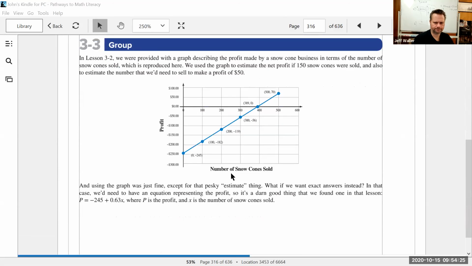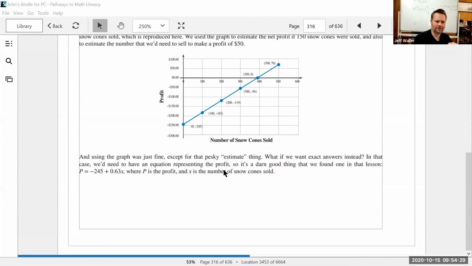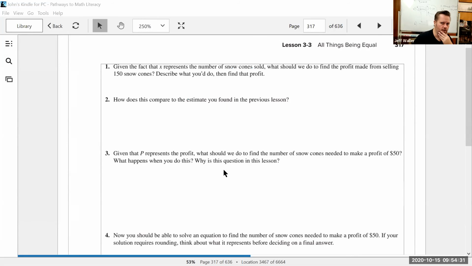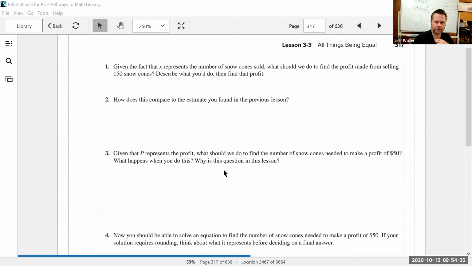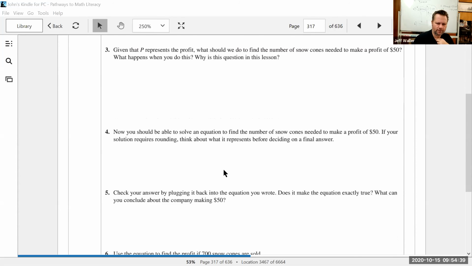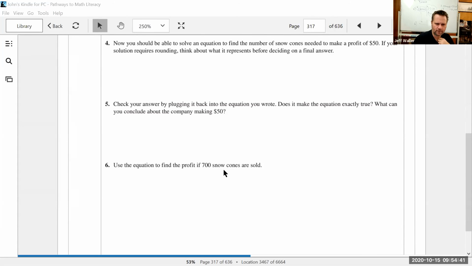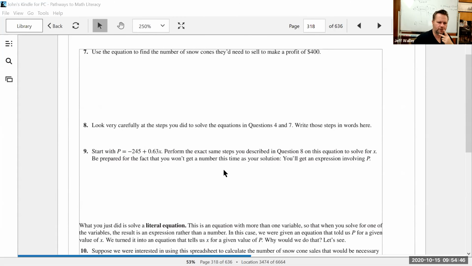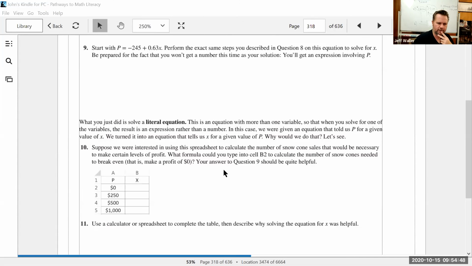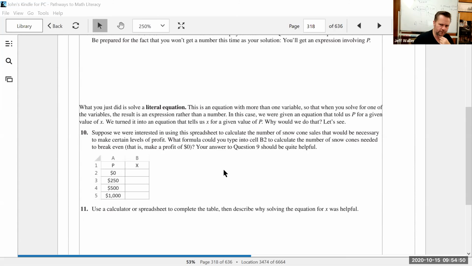Oh, there's more snow cones. Why are there more snow cones? I don't know. Do I want to do this? No. I'm trying to figure out what else I want to do with you guys here. Well, let's see. This one looks like it might be more interesting.